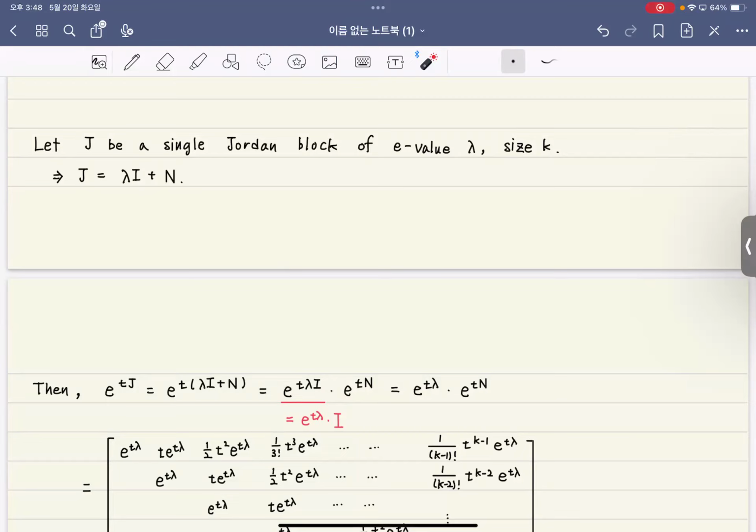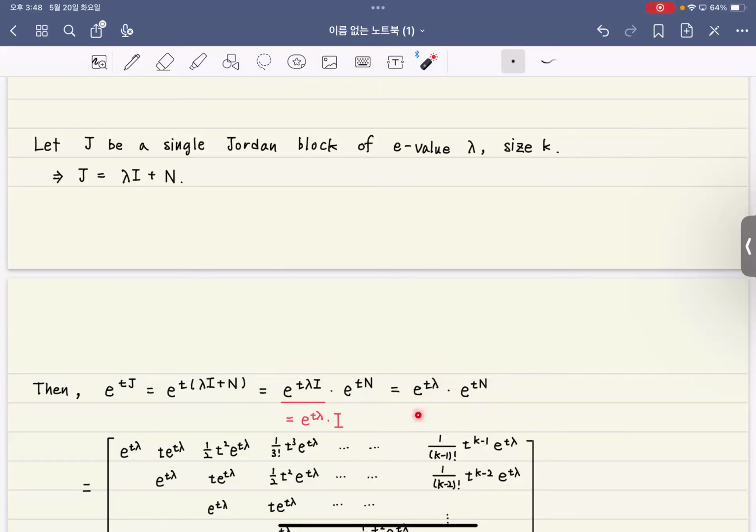This is just e^(t lambda) times the identity, because this is a diagonal matrix whose diagonal entries are all e^(t lambda). Therefore, if you multiply this by this, everything is simply e^(t lambda) multiplied by this scalar multiplication.